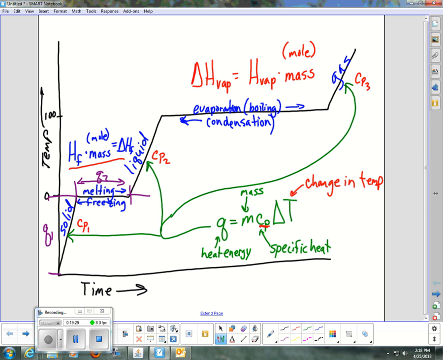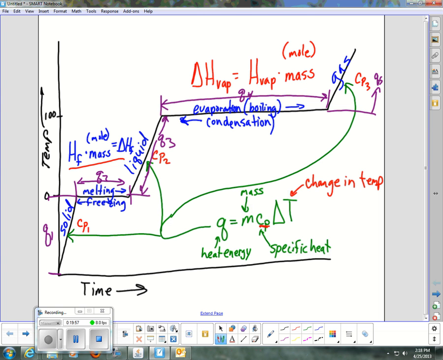From here to here, we call this Q3. Okay, so just different areas. So when I'm in the solid, Q1; when I'm melting or freezing, Q2; Q3. This area right here, Q4. And this one on up is Q5.